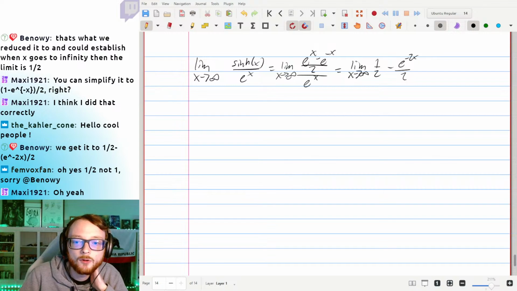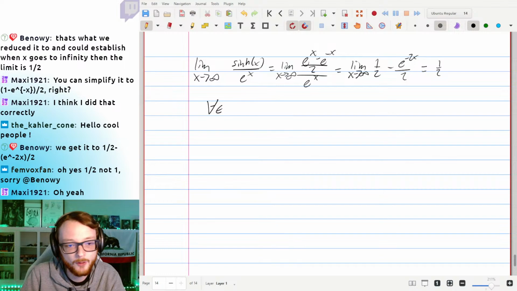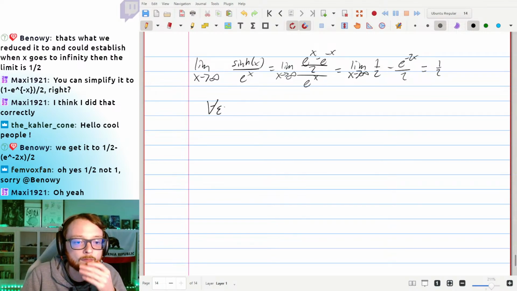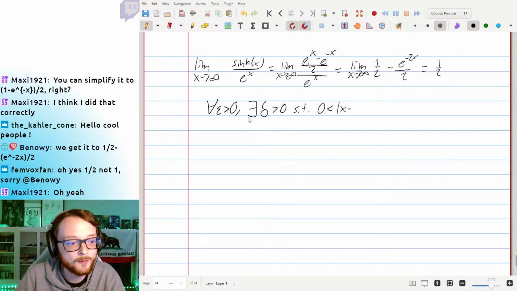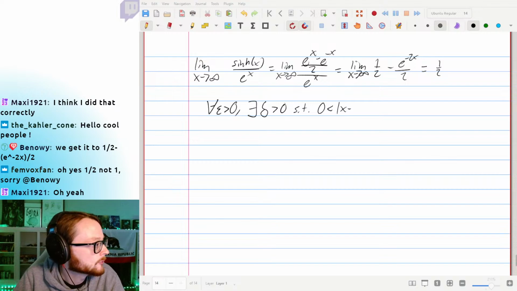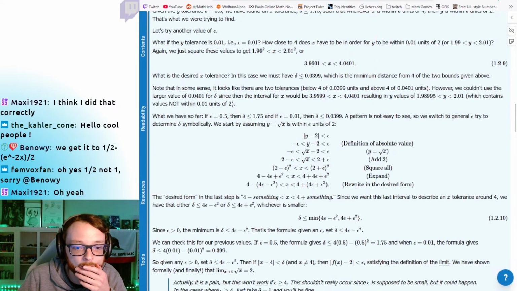Okay, so allegedly this equals a half, but we have to prove it using epsilon delta. For all epsilon, let's do the other epsilon, greater than 0, there exists a delta greater than 0 such that absolute value of x. Oh, I see. This is where I need the definition for limits to infinity, because this doesn't make sense, right?